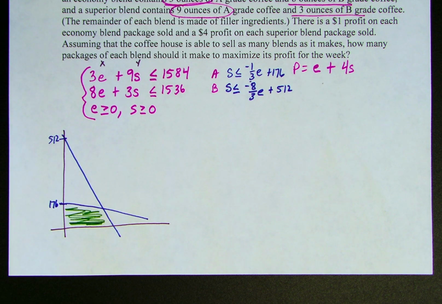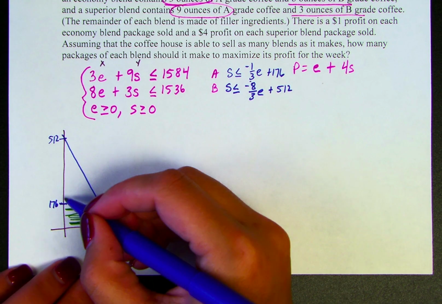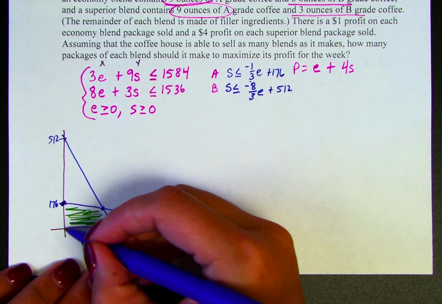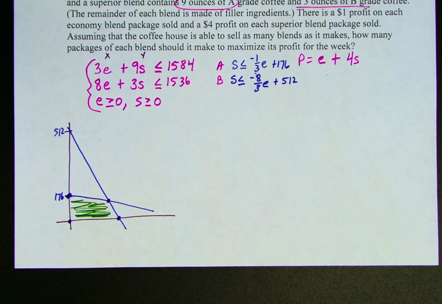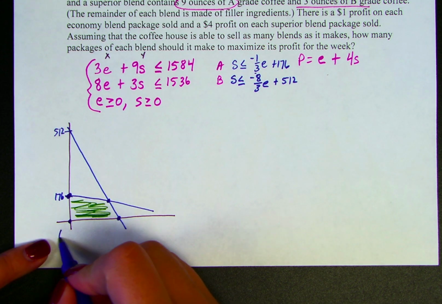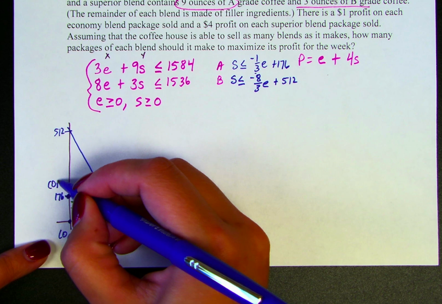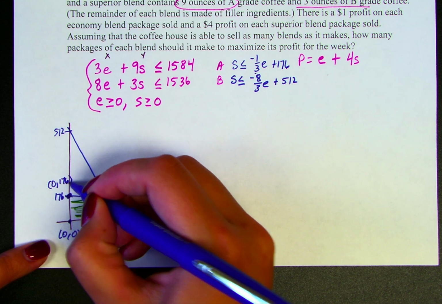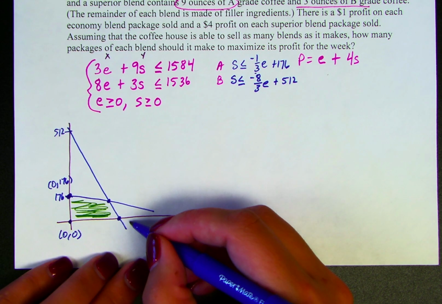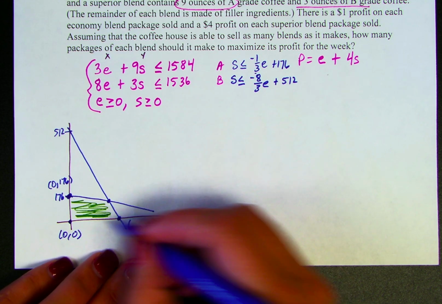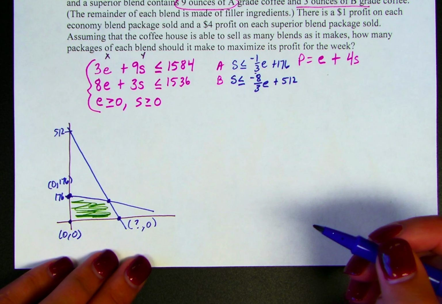And now we need to figure out our points of intersection. So I'm going to need this point, this one, and this one. Okay. So this one's easy. This is just at 0, 0. This one's also easy because it's at 0 and then that y-intercept of 176. And then at this one, we know that the y is 0 since it's on the x-axis, so we'll have to figure out what that is.